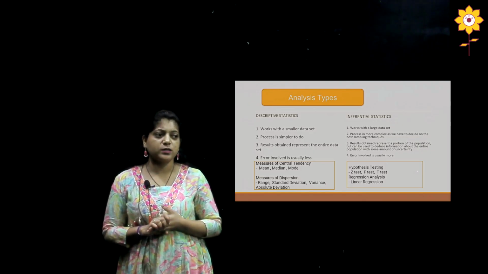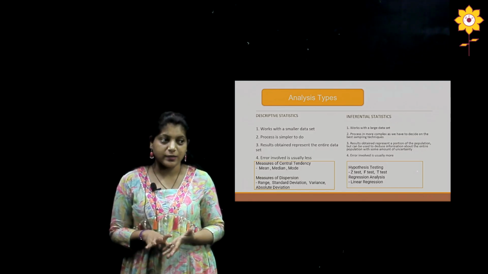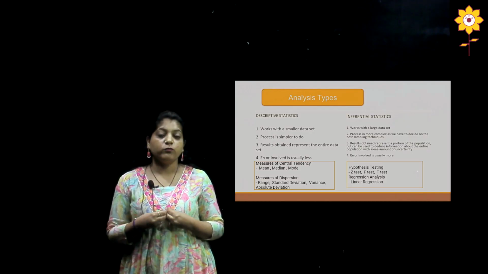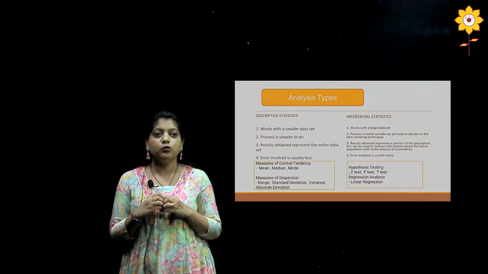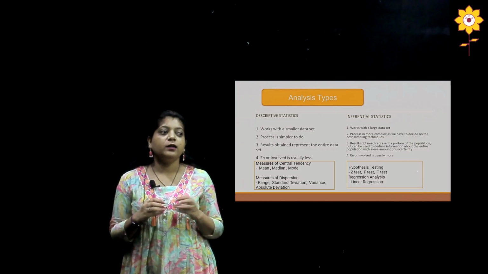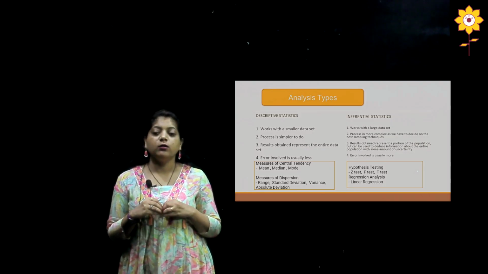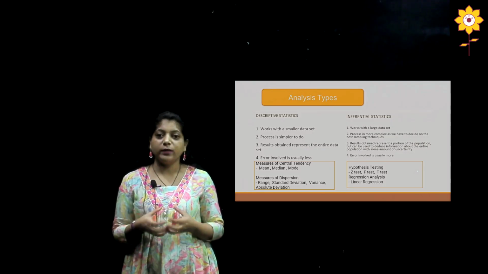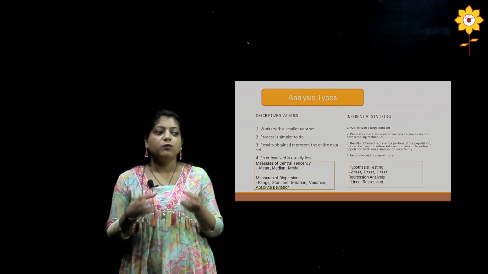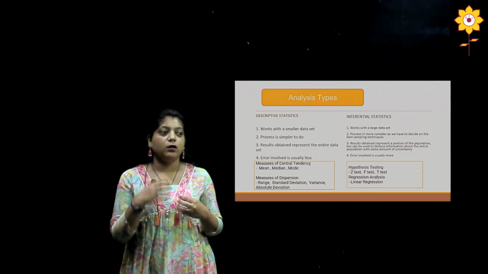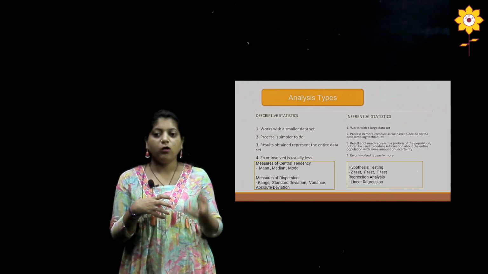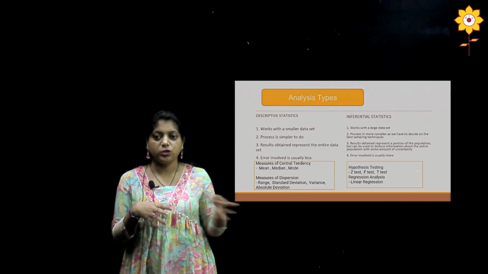Inferential statistics works for the large data set, where we are working with multiple sheets with a huge amount of data, and here we are finding various complex insights of the data, based on various features.